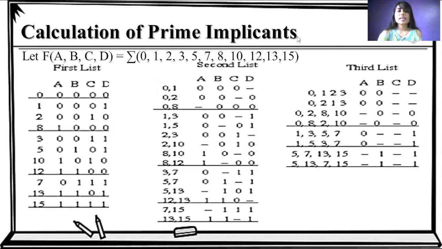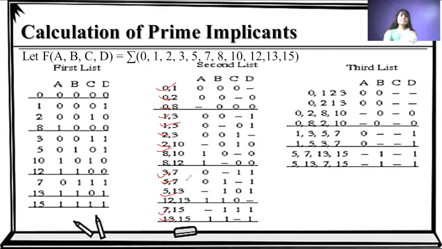So here again tick mark the used terms: we have 0 1 2 3, then 0 2 1 3, then 0 2 8 10, then 0 8 2 10, then 1 3 5 7, 1 5 3 7, then 5 7 13 15, and 5 13 7 15.